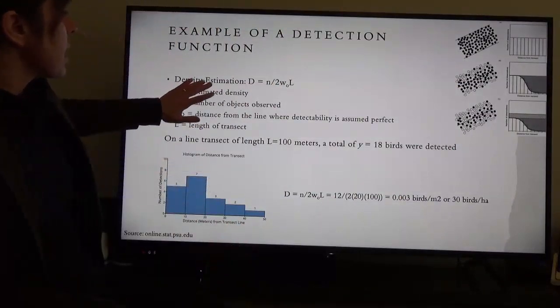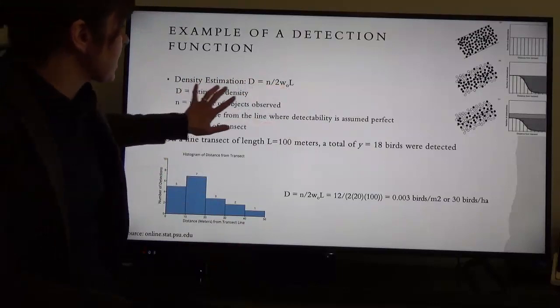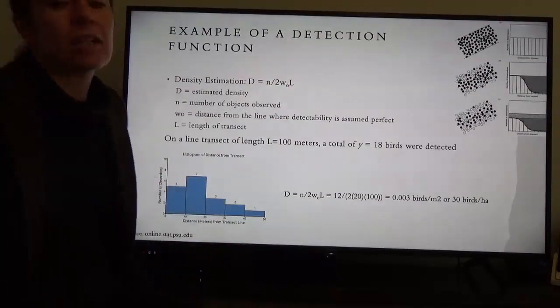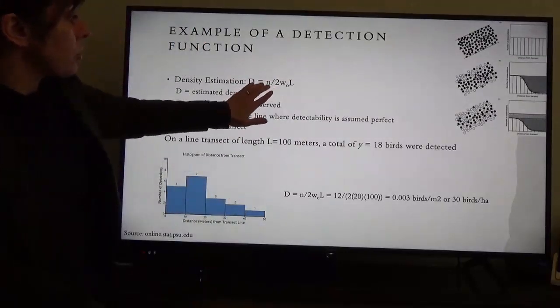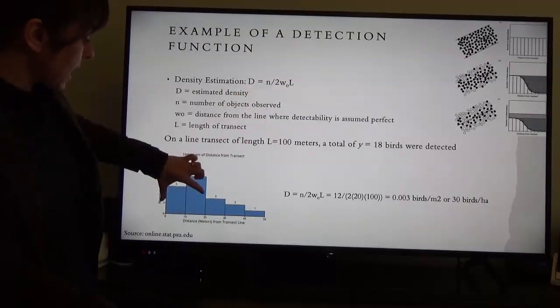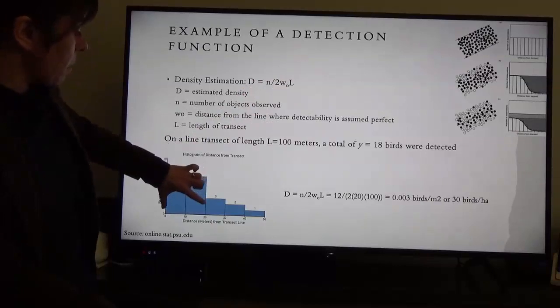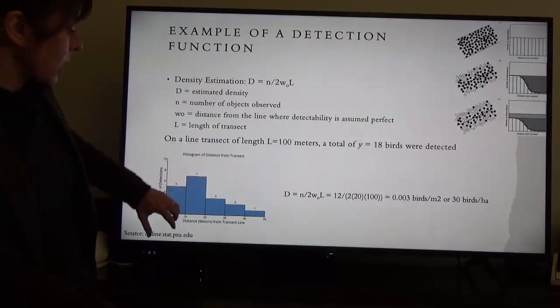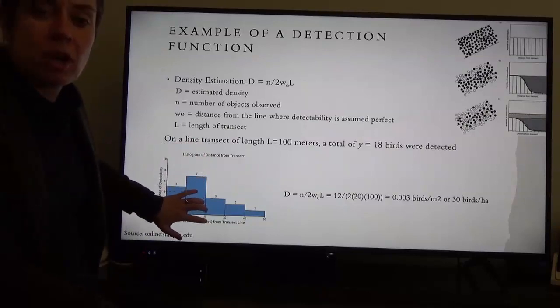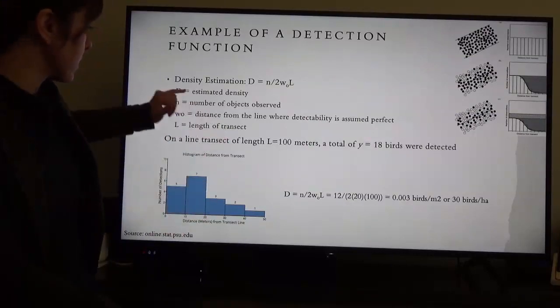Okay, and so when we're thinking about density estimation, when we have these detection or visibility problems, what we do is we say the width of our sampling area only goes out to that distance where I'm confident that I was catching all those organisms.